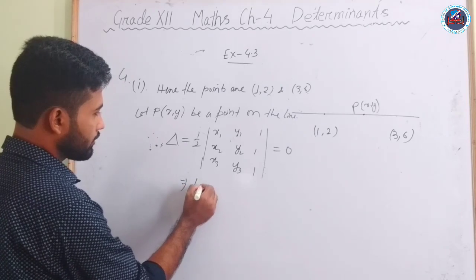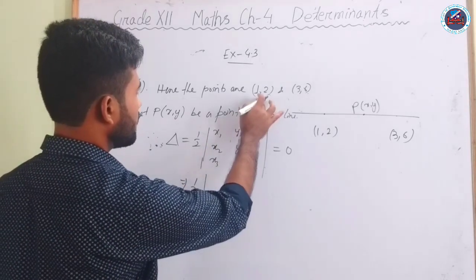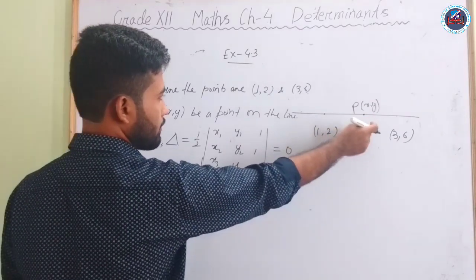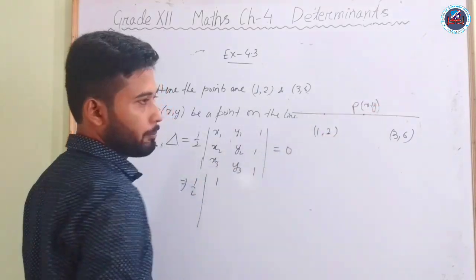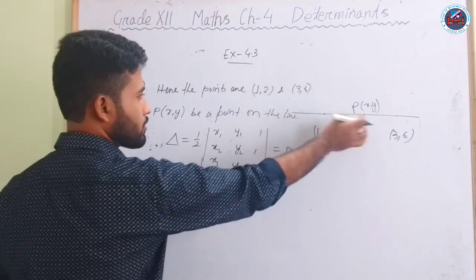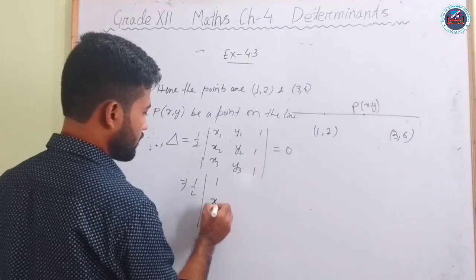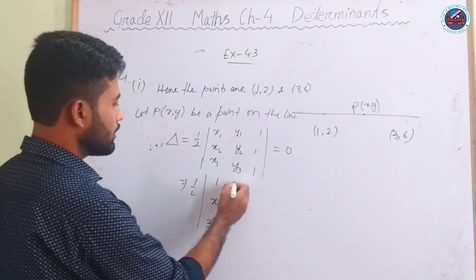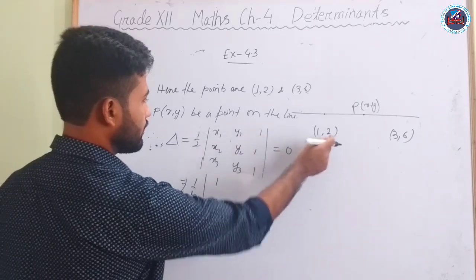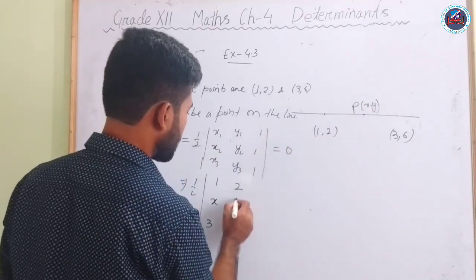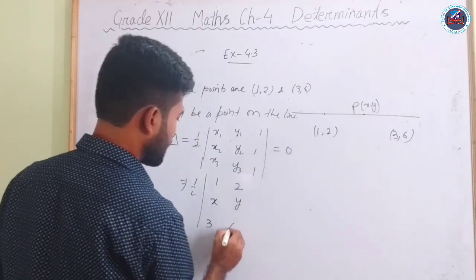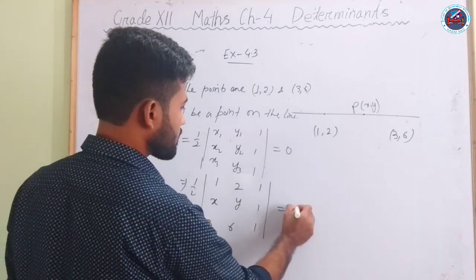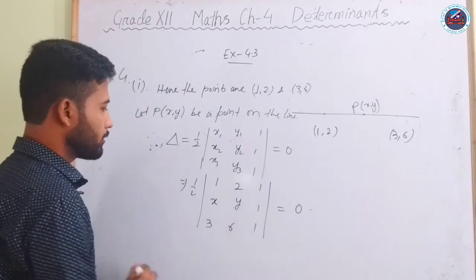Now in place of x1 take 1, for x2 take x, since this point is in the middle of these two points, and for x3 we have 3. For y1 take 2, for y2 take y, and for y3 take 6, and the last row is 1 1 1. That must be equal to 0 by collinearity of points.